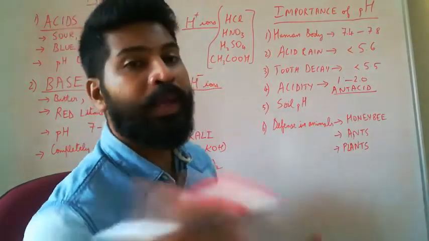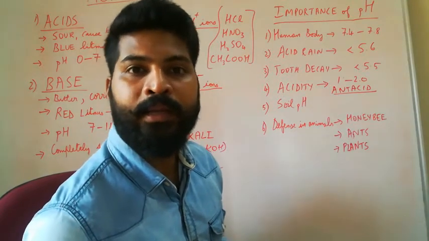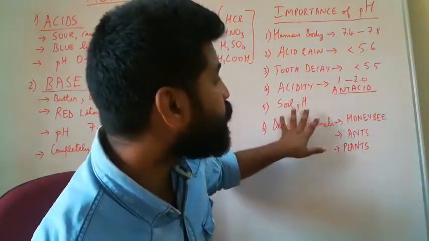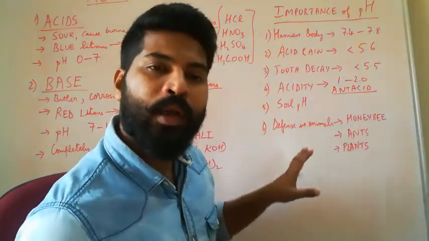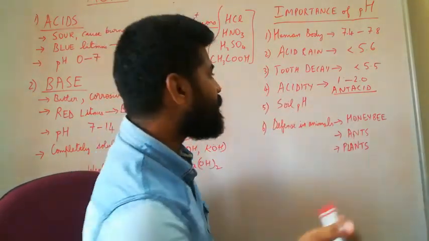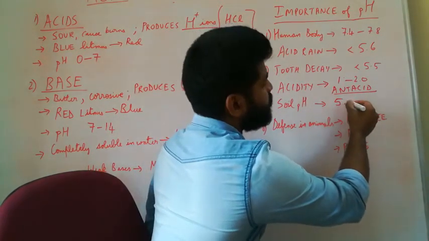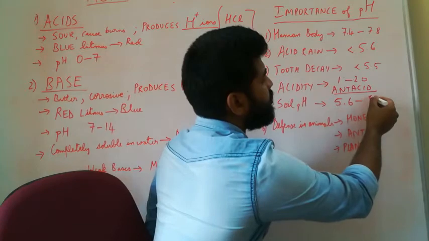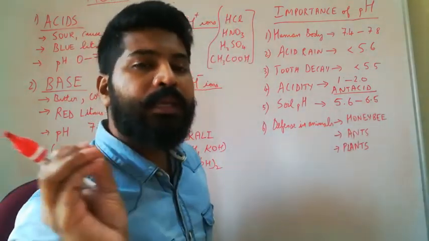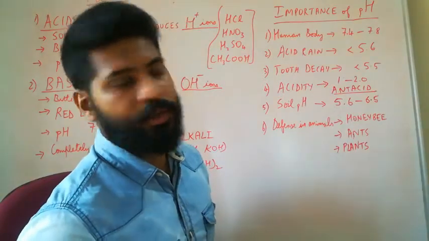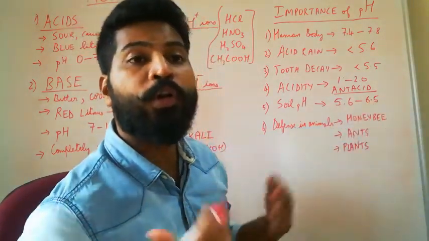If it is too basic, he can add some acidic substances to the soil to make it less basic. So here also it plays a very important role. So plants also require a particular pH. This pH is usually in the range of 5.6 to 6.5. So they require weakly acidic soil. So this is the range where plants show good growth.